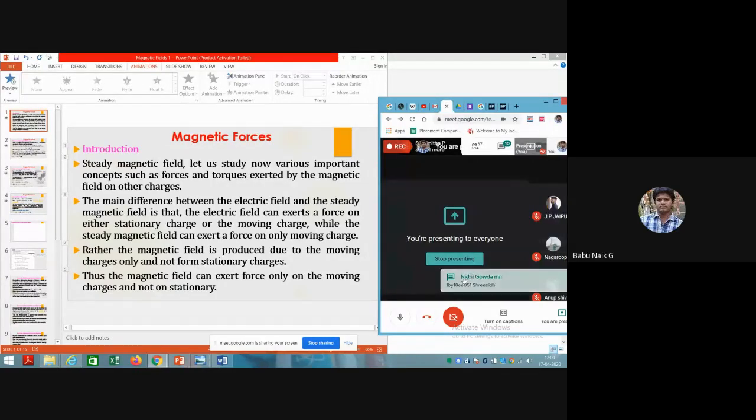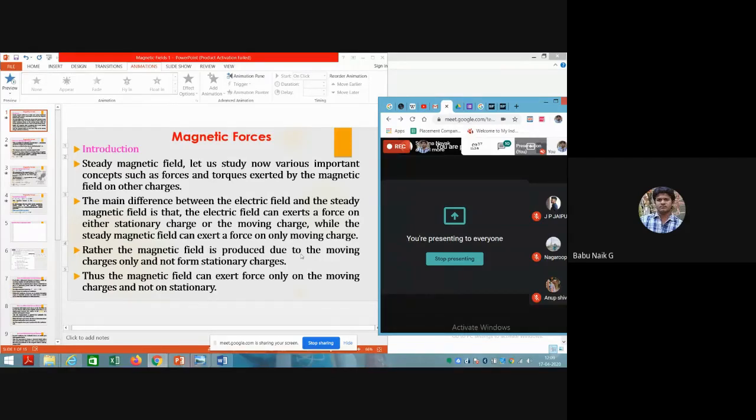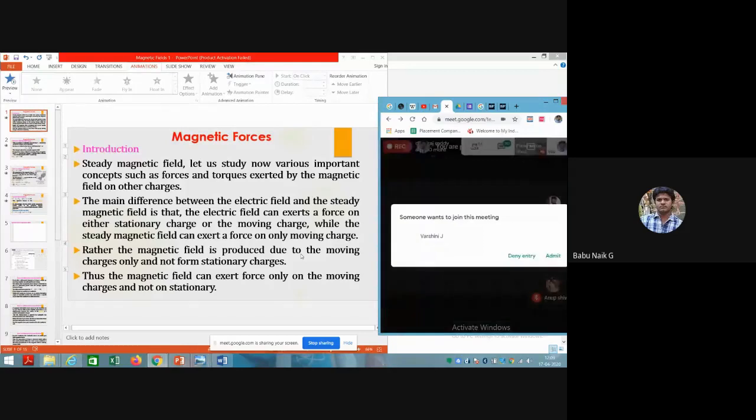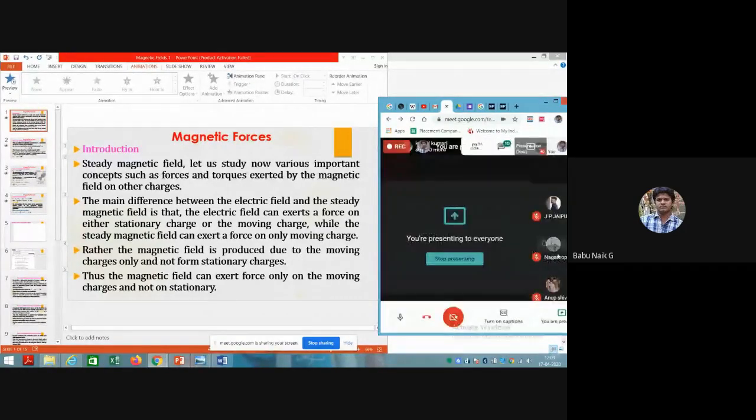These cause a force to be exerted on a charge, which may be either stationary or in motion, right? In electrostatics, the force may be on stationary or moving charges. For this, we calculated the electric field of stationary or distributed charges.